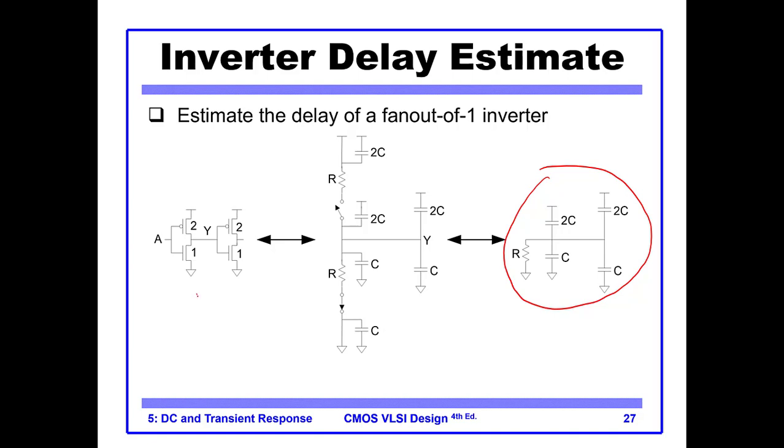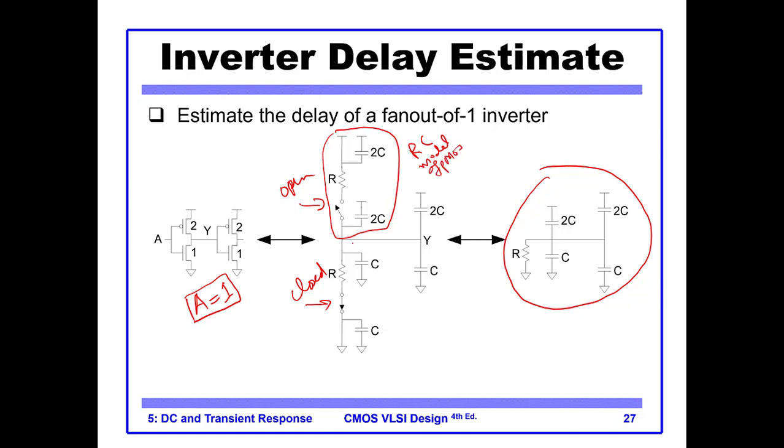This is the case when the input is equal to 1. So this one was open, this one was closed. And we have all these capacitances coming from the RC model of PMOS, and this whole circuit is coming from the RC model of NMOS, and this is basically our fan out.